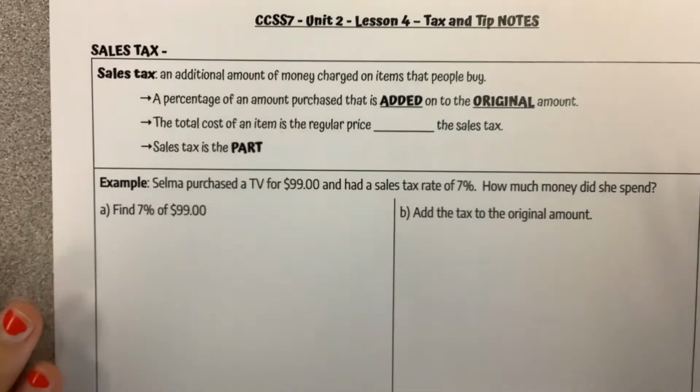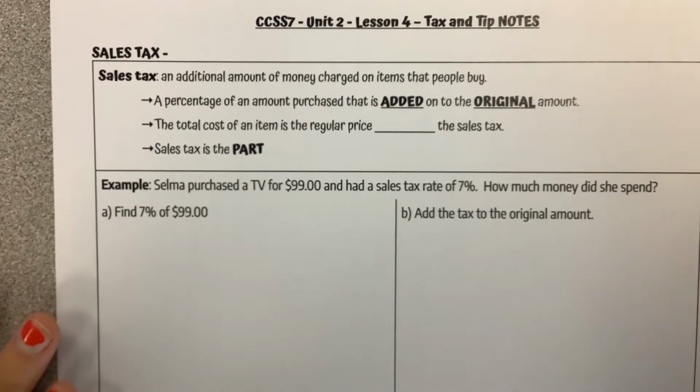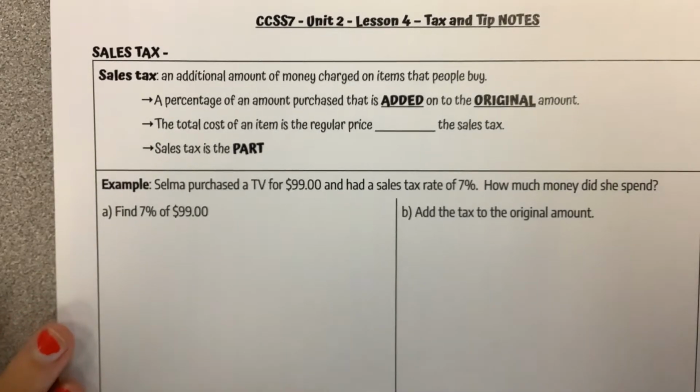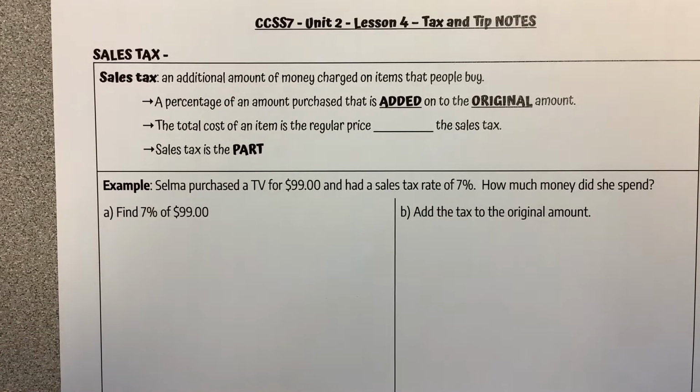So, sales tax. Something you've probably seen or encountered before. It's an additional amount of money charged on items that people buy. A percentage of an amount purchased that is added on to the original amount. So, big part there is that it is added on.